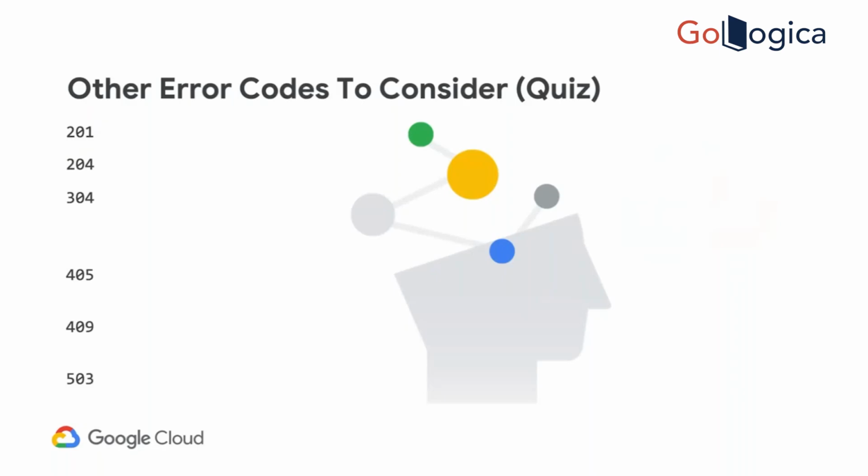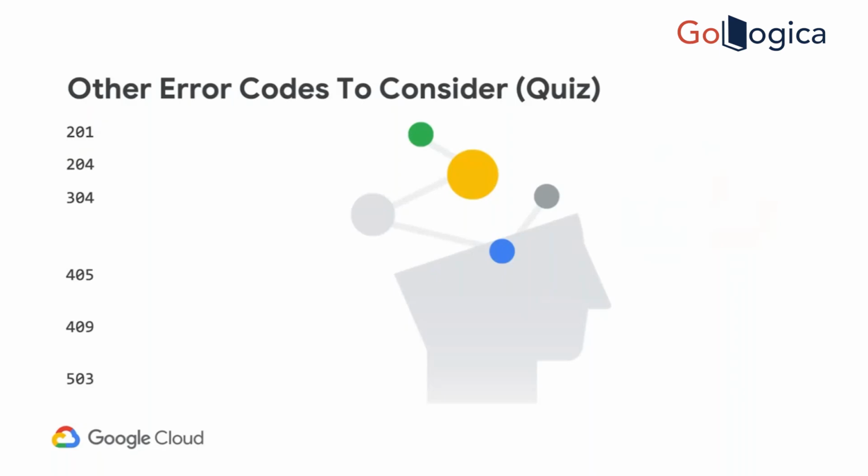Then 204. 204 is no content. What happens if your request was successful, but there is no content in the response? We use 204.